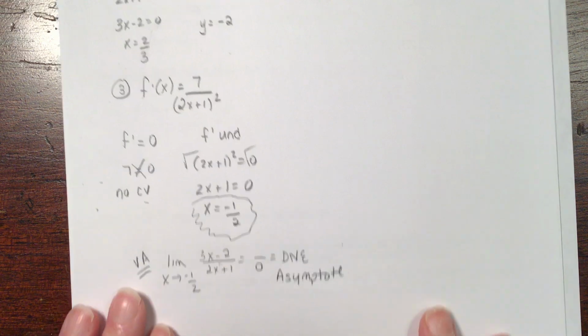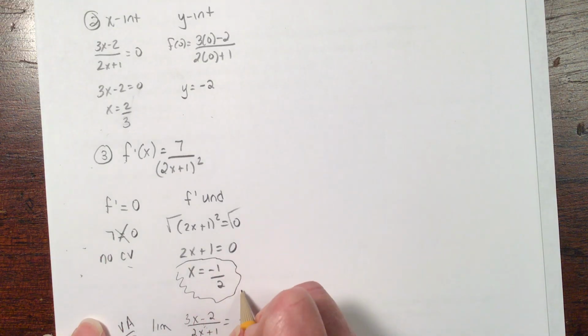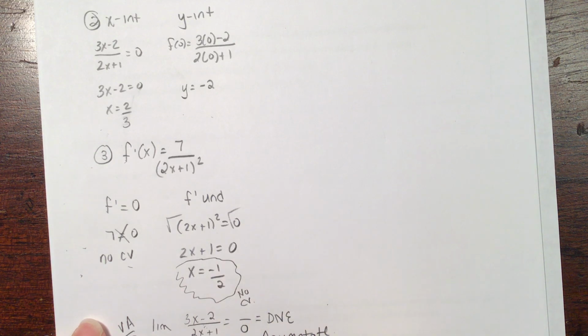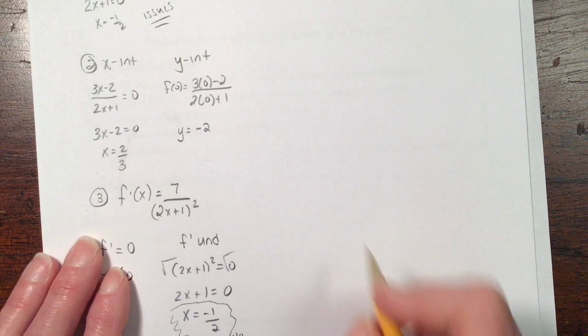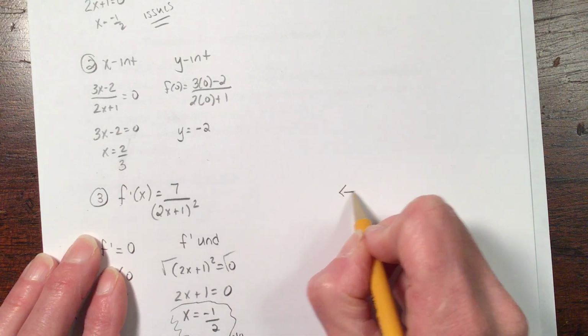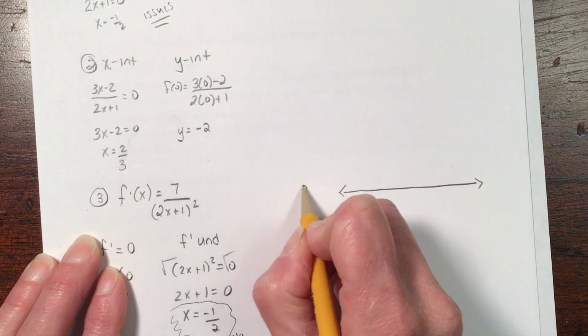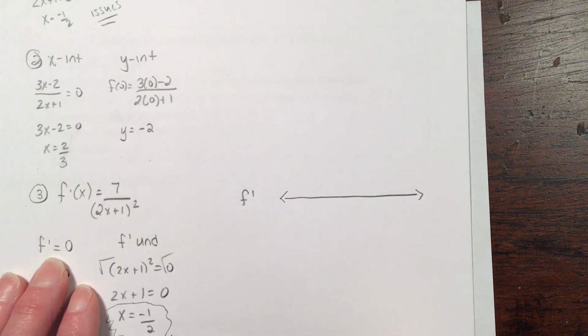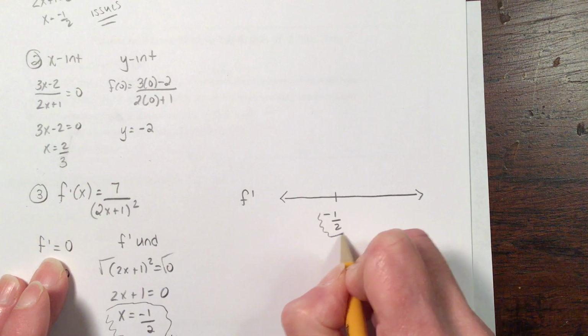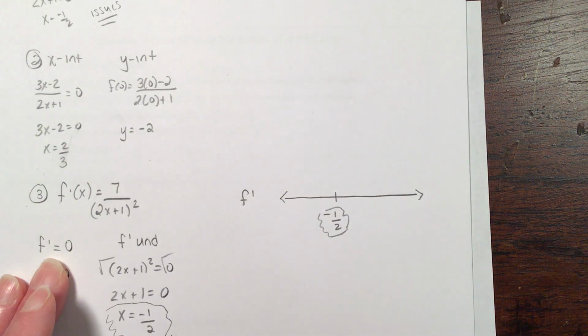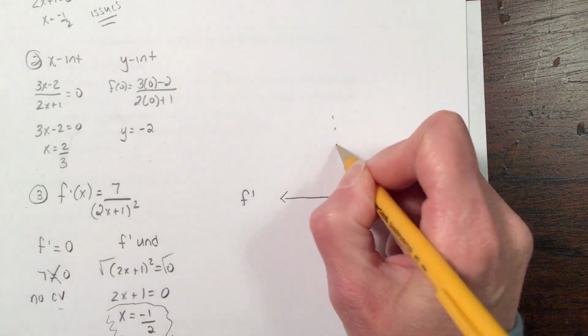Okay. So now we have this number, negative 1/2. Technically, it's not a critical value. But remember, it's important when we're graphing our function. So we're going to make our number line, put negative 1/2 on. I usually use a squiggly line because I want to remember there's something going on here.